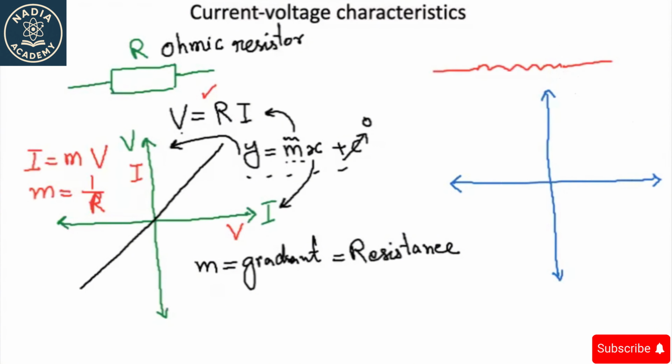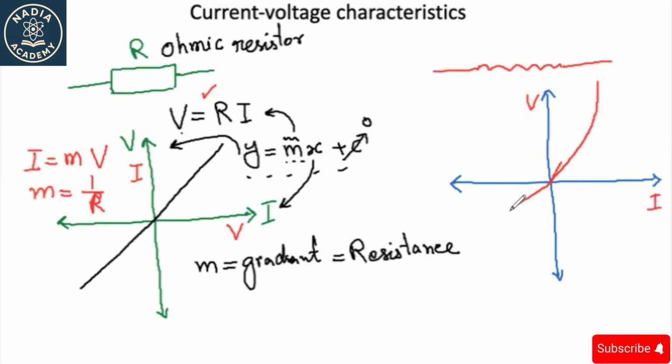So you would see that voltage is along the y-axis and current is along the x-axis. When you try to flow current through the conductor, the voltage will drop across the conductor. So an increase in the current means the voltage that drops across this wire will be increasing.